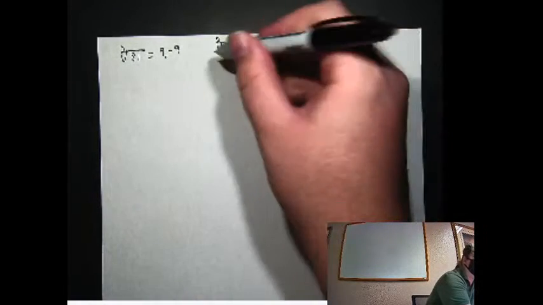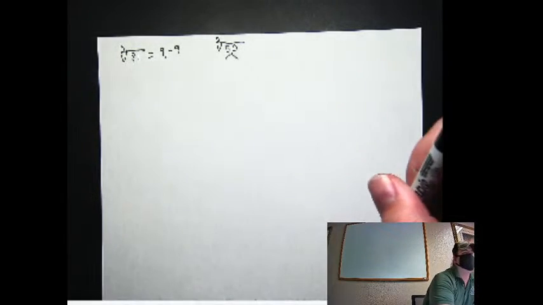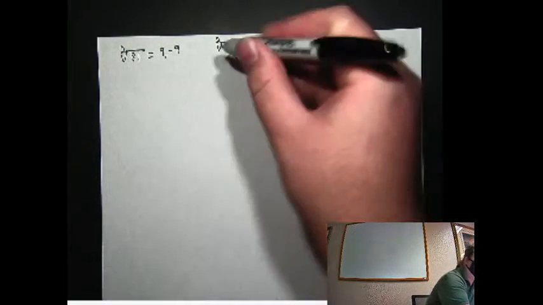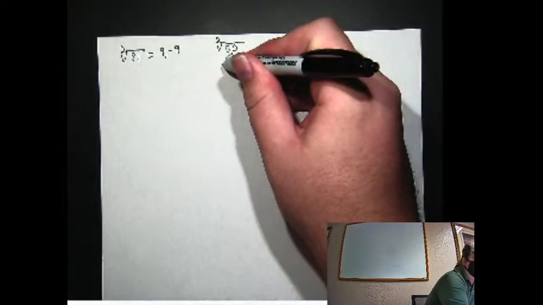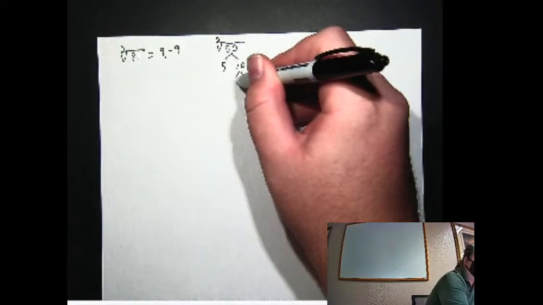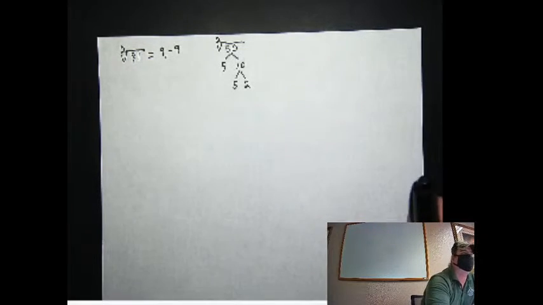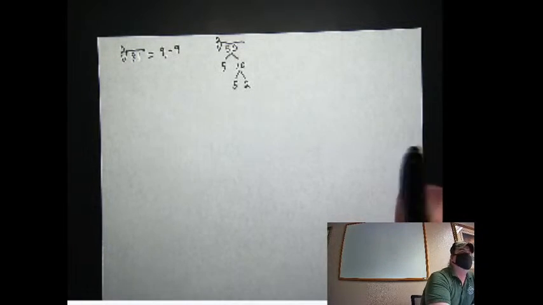So what we do to simplify is break it up into its factors, its prime factors. So 50 is 5 and 10. 10 is 5 and 2. Okay?